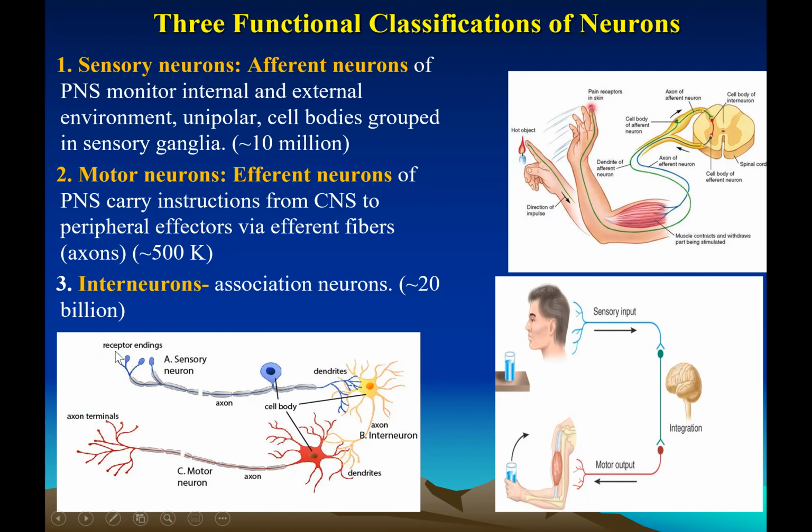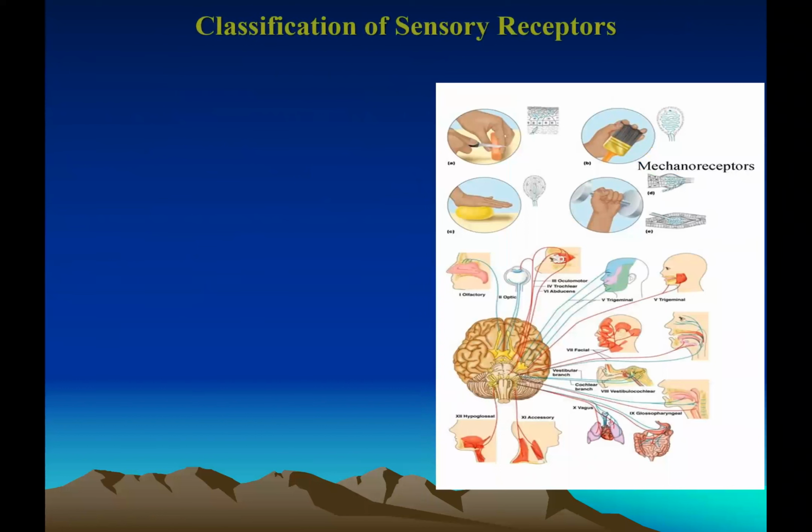In this picture on the left bottom, you can see a sensory neuron bringing in the message. It is synapsing with the interneuron, which is the processing neuron. And then the motor neuron, or the efferent neuron, will go to an effector in order to cause the action. So these are structural, and this is the functional classification.